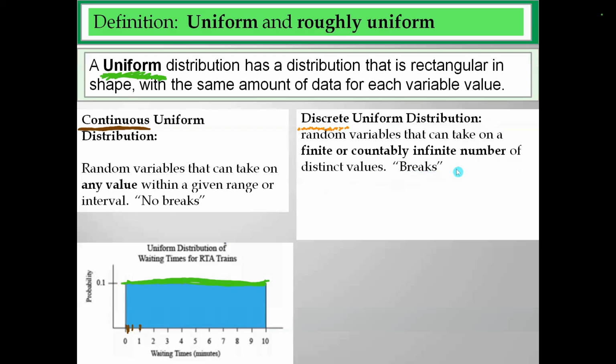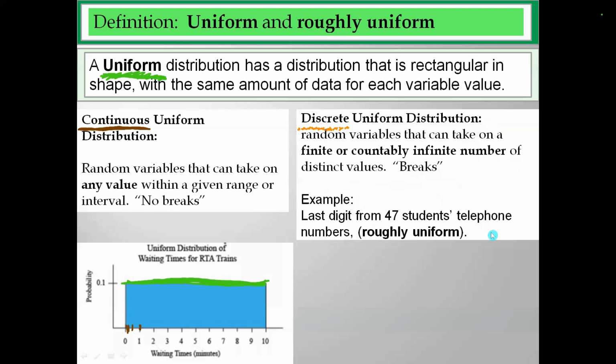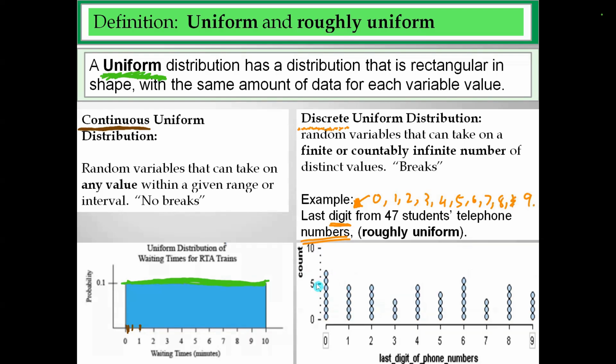So there'll be breaks. Let's look at an example. The last digit from 47 students' telephone numbers creates what we call a roughly uniform distribution. Since the digits of a number cannot be broken down, the digits can only be 0, 1, 2, 3, 4, 5, 6, 7, 8, and 9. And here's our roughly uniform distribution.